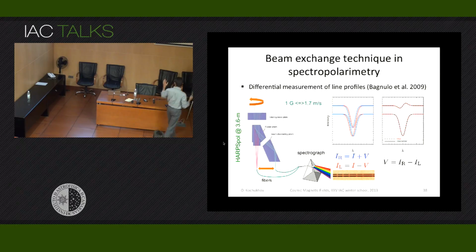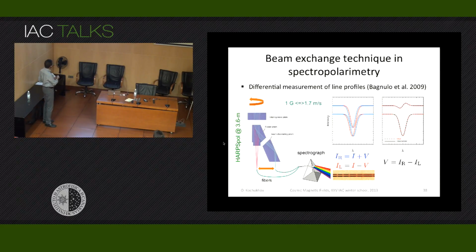Now, what is done is a very simple trick. I think it was first introduced by Meyer Simmel in the beginning of the 90s. We rotate this quarter wave plate, in the case of Stokes V, by 90 degrees. This exchanges the sense of polarization.